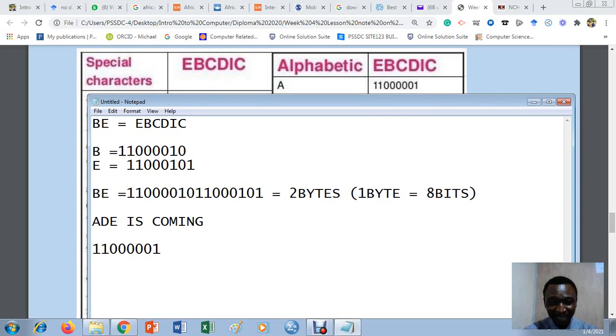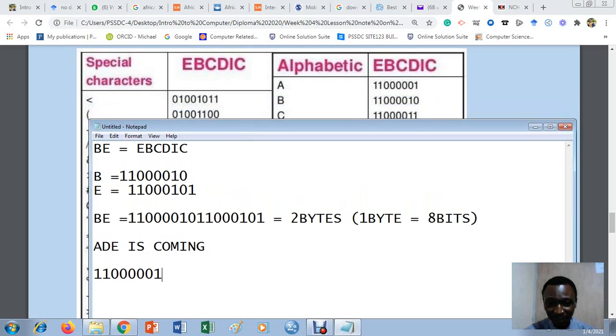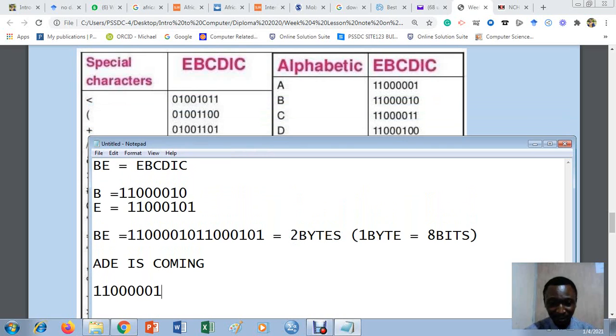So what will the system take the D to be? If you check up, as you will see, it will take it to be 1 1 0 0 0 1 0 0. Then what about the E? The E is here. We will take the E to be this. We copy it and you paste it.